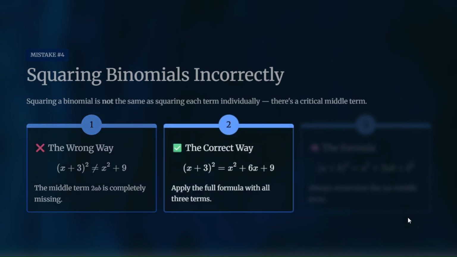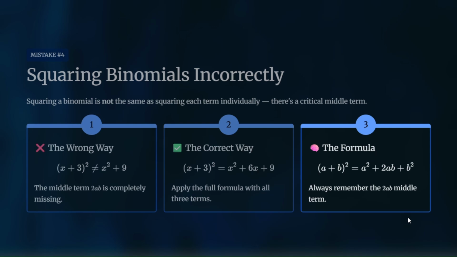The correct way would be x squared plus 6x plus 9. You'll need to apply the full formula with all 3 terms. And here's the formula. (a plus b) squared is equal to a squared plus 2ab plus b squared. Always remember the 2ab middle term.